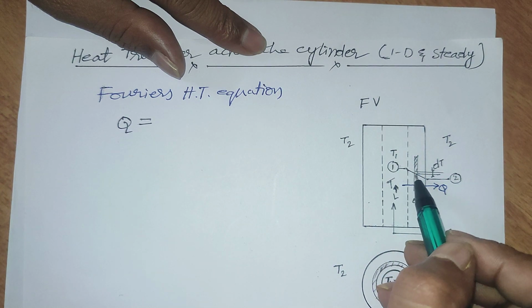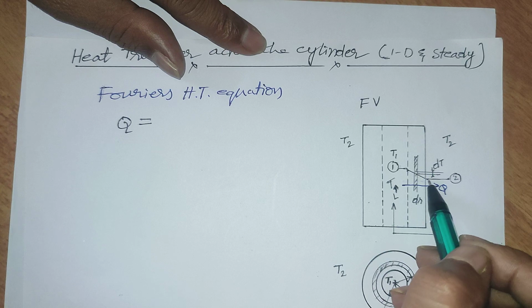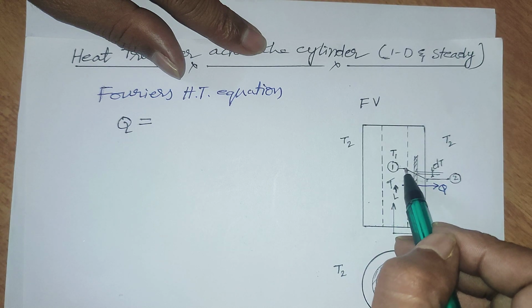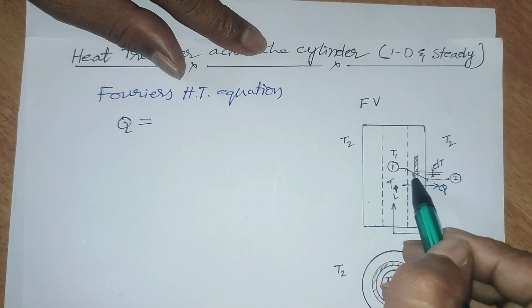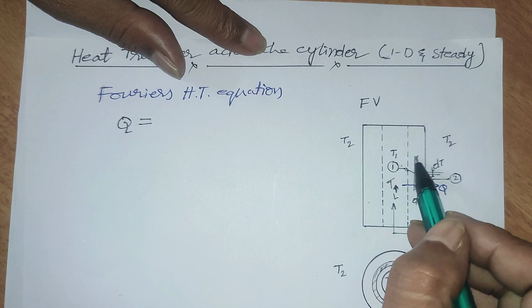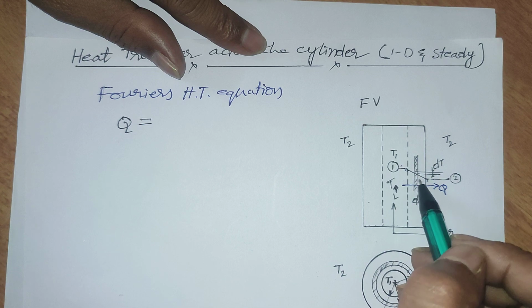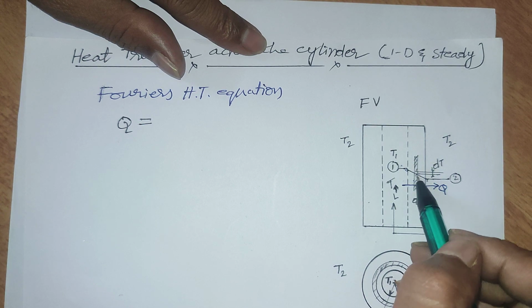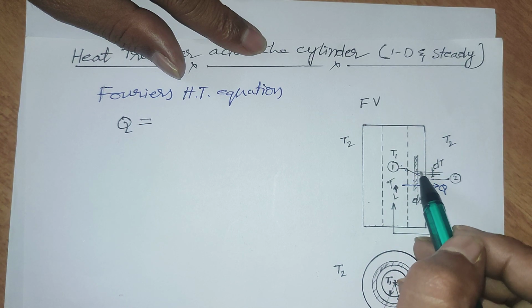Assume a section, this is point 1, this is point 2. In between point 1 and 2 heat is transferring. That means this is the temperature difference from T1 and T2. This differential ring, here we are having thickness. This is the gradient of temperature dt.